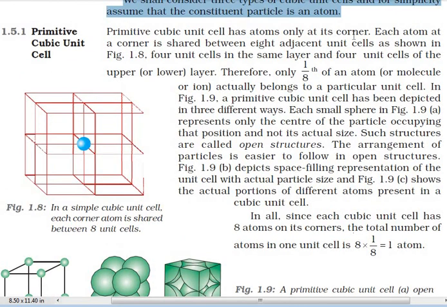So what happens with this? Each atom at a corner is shared between the 8 adjacent unit cells. Now you can see this is figure 1.8.